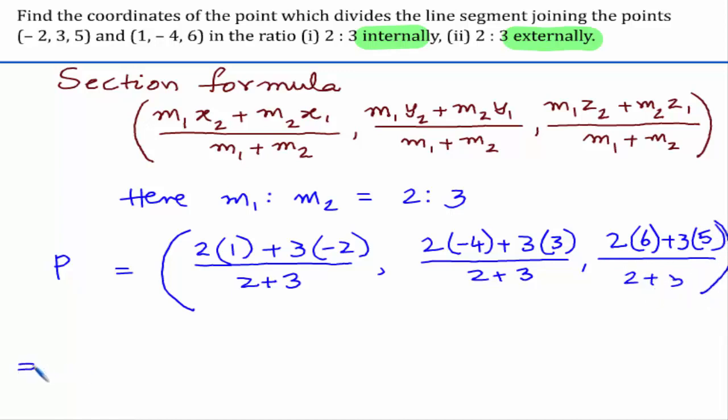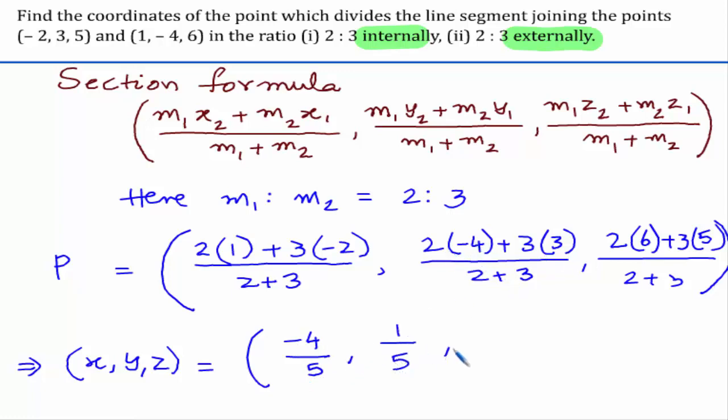As we have assumed this P as x, y, z, let us equate this now. We get 2 minus 6 is -4 by 5. And here we get -8 plus 9, that is 1 by 5. And this one 12 plus 15, which is 27 by 5.